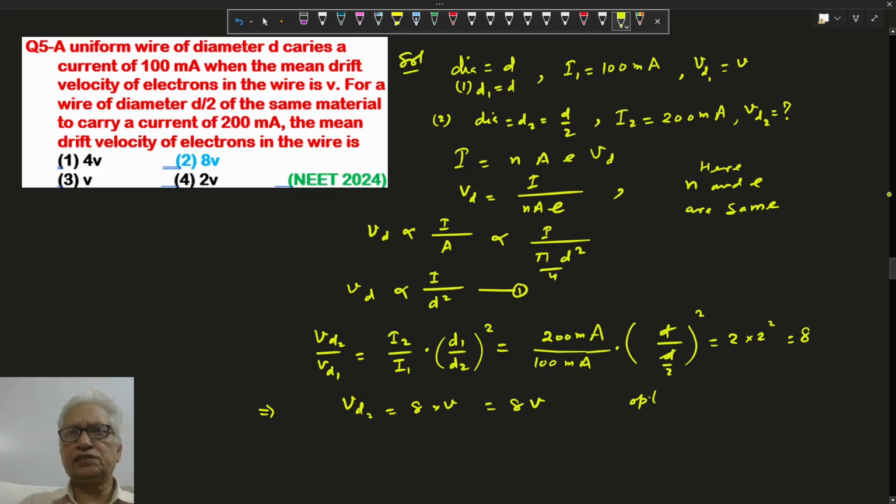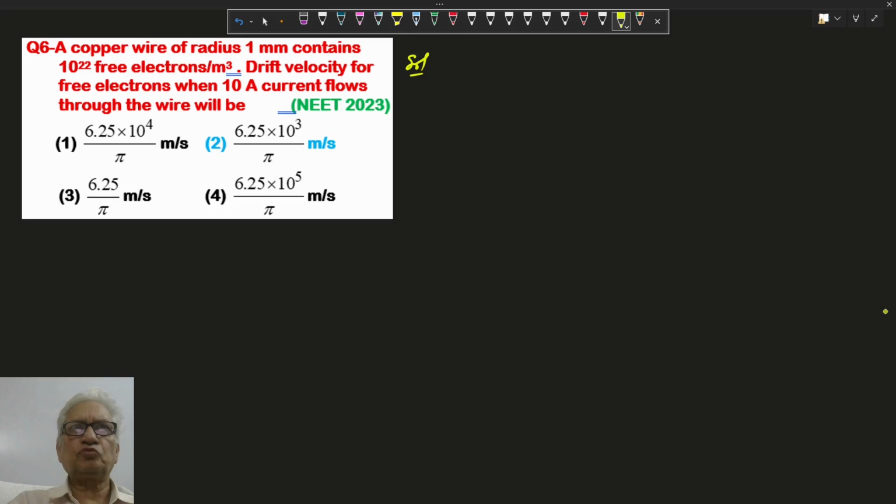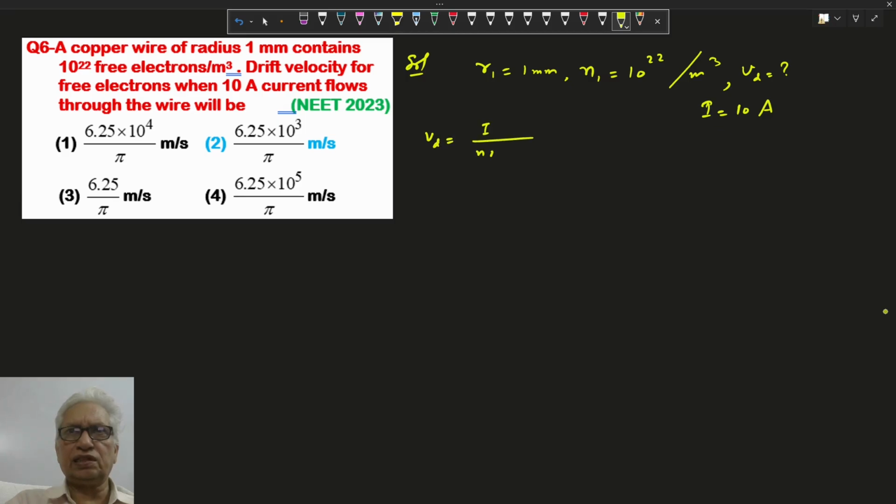Here the option is 2. Copper wire of radius 1 millimeter contains electrons per unit volume, and we have to find the drift velocity for a current of 10 ampere. We know the formula of drift velocity, I upon n A e.